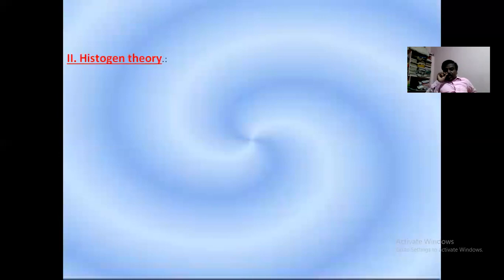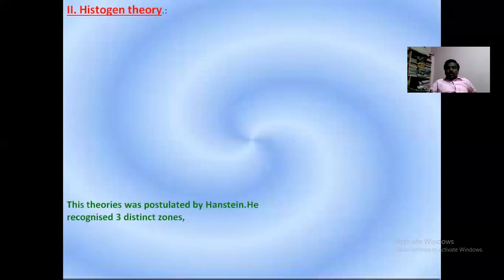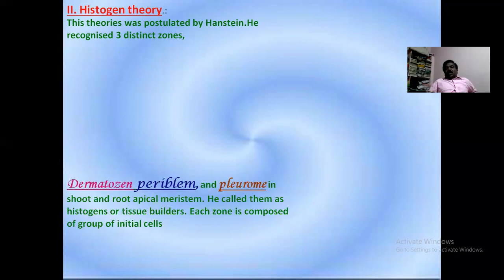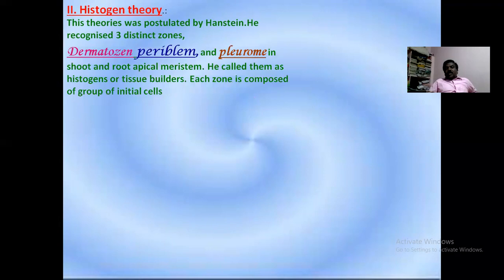Next, histogen theory. The second one is histogen theory. This theory was postulated by Hornstein. He recognized three distinct zones: dermatogen, periblem, and plerome. These three types of meristematic zones are present in the plant body in primary structure.